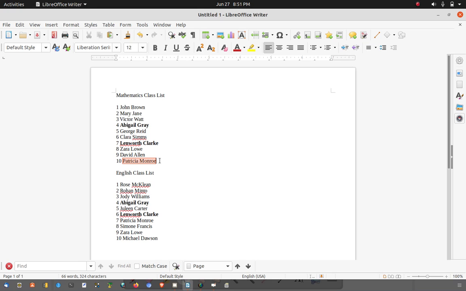Patricia Monroe is also doing maths and English. Zara Lowe is doing maths and also doing English. Well, these registers are not in alphabetical order, but it contains everybody.